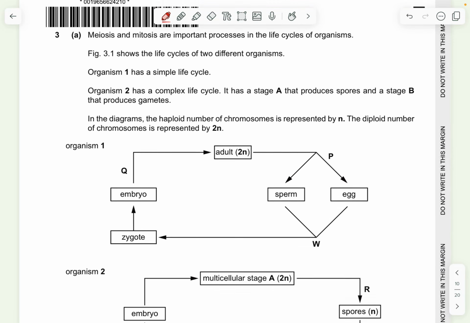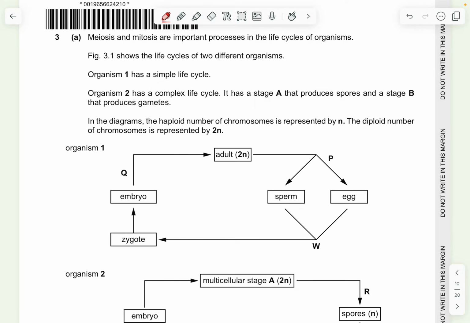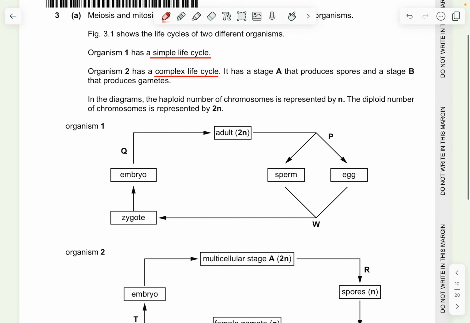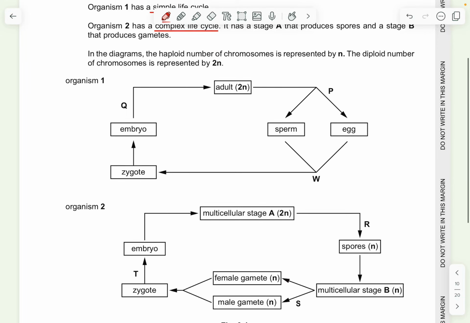Now question 3a. Meiosis and mitosis are important processes in the life cycles of organisms. Figure 3.1 shows the life cycles of 2 different organisms. Organism 1 has a simple life cycle, and organism 2 has a complex life cycle, with stage A, which produces spores, and stage B, which produces gametes.